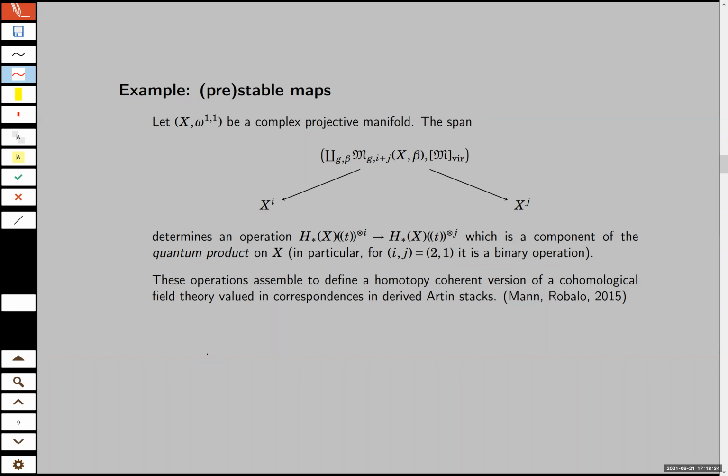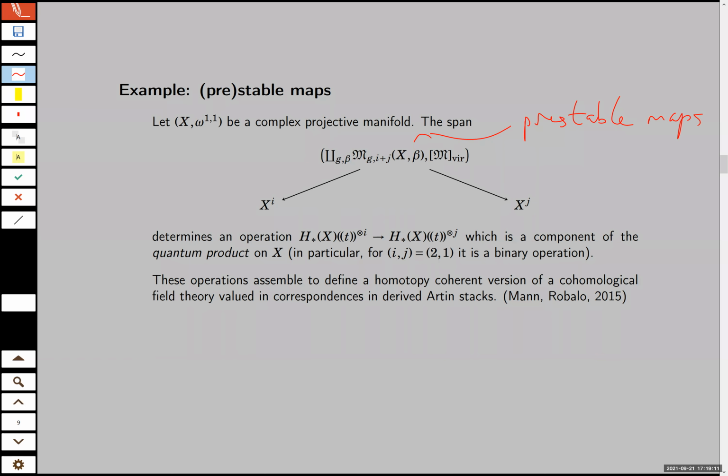So here, instead, the input is a complex projective manifold, the objects are Cartesian powers of that manifold, and the kernels are moduli stacks of pre-stable maps from pre-stable curves into X, having a homology class beta.